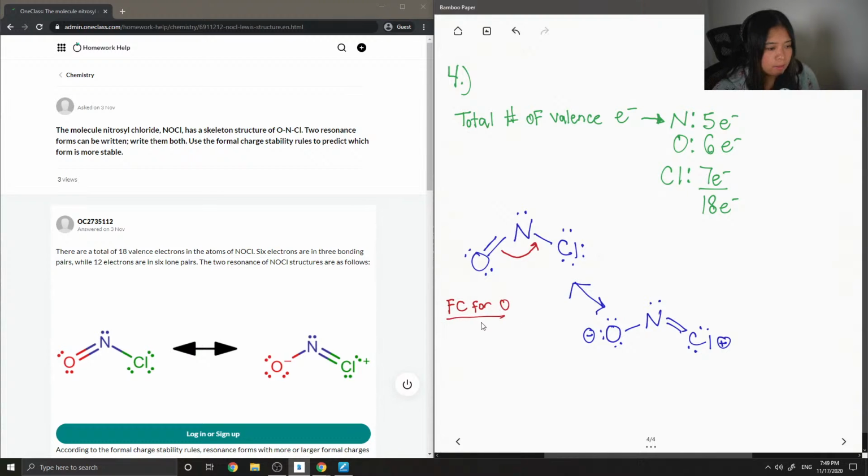So to calculate formal charge, it's going to be the number of our valence electrons. So for oxygen, there was 6, minus however many electrons are non-bonding. So all the lone pair electrons, so that's 4.